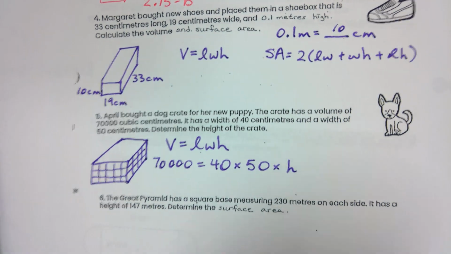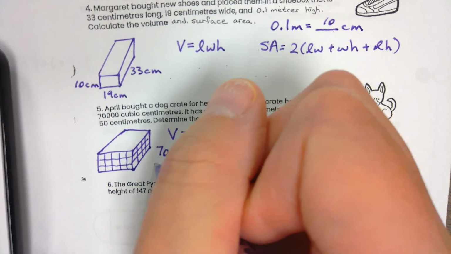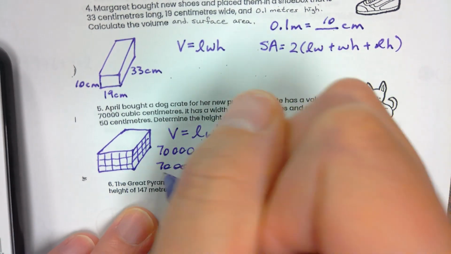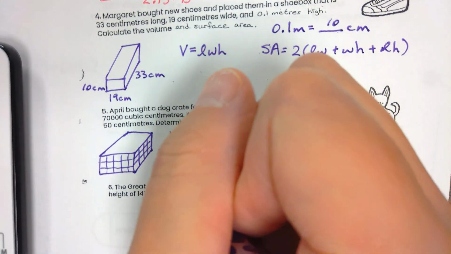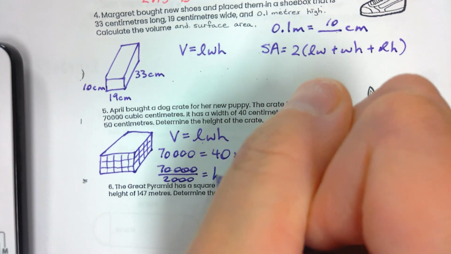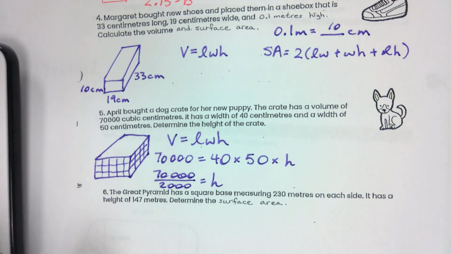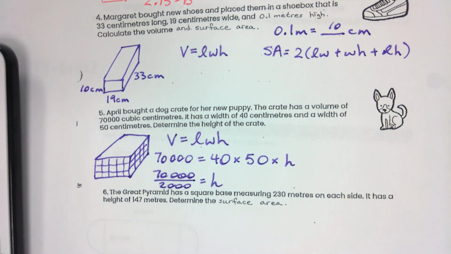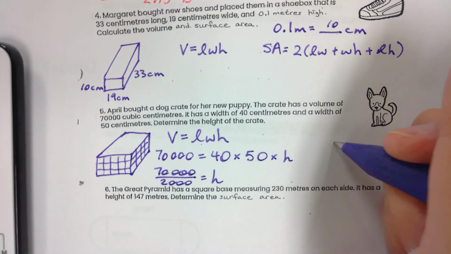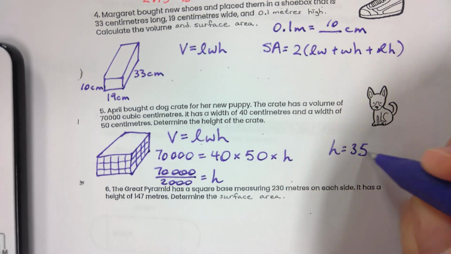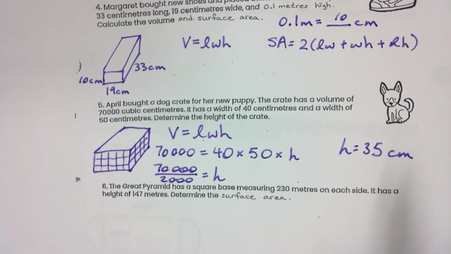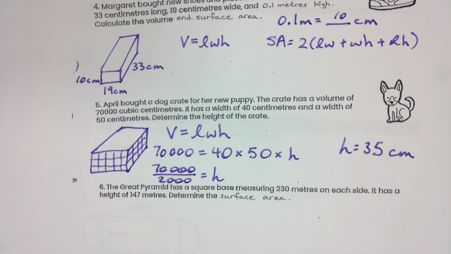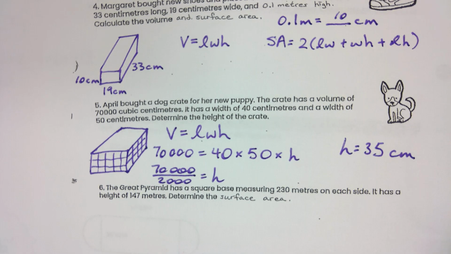So 70,000 divided by 2,000, you get the height to be 35 centimeters, because the height is just one dimensional, it's a length, and so that's why it's centimeter.